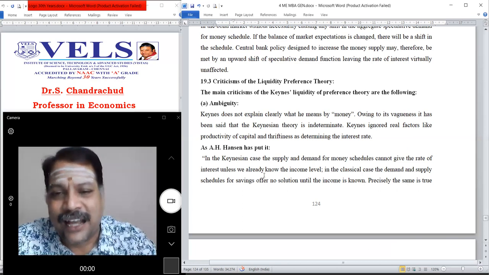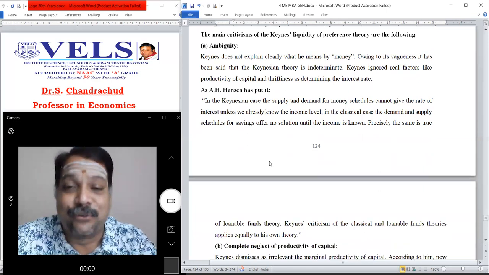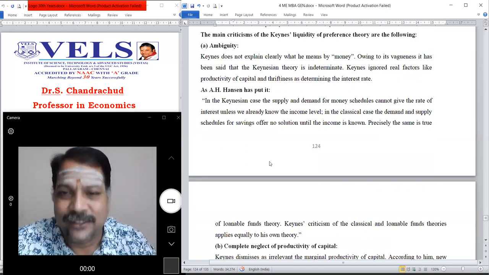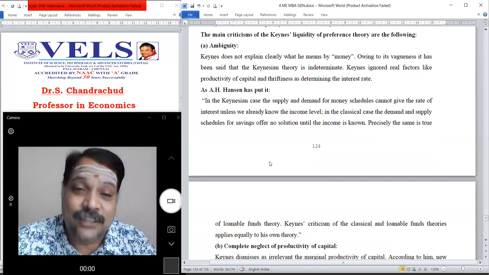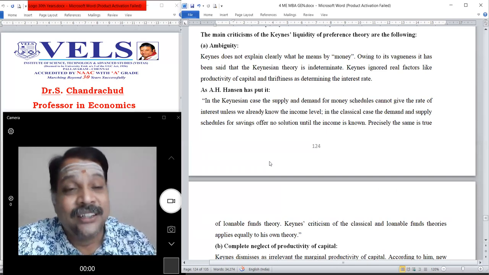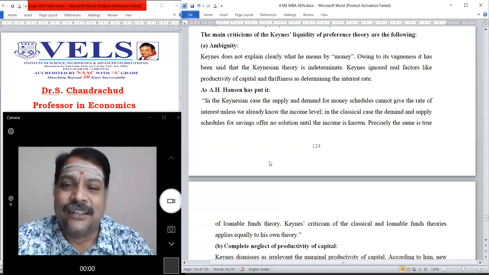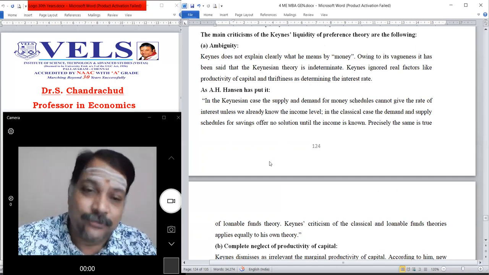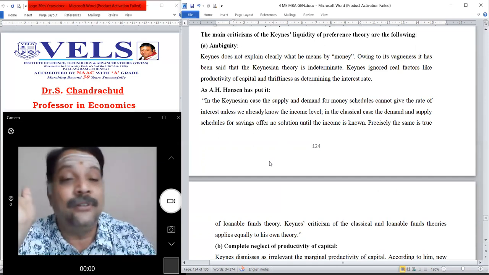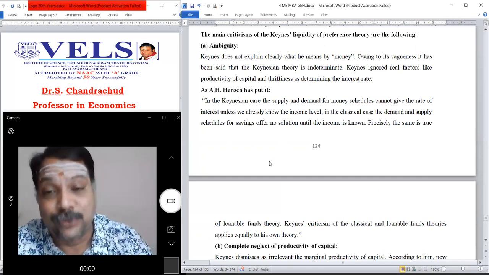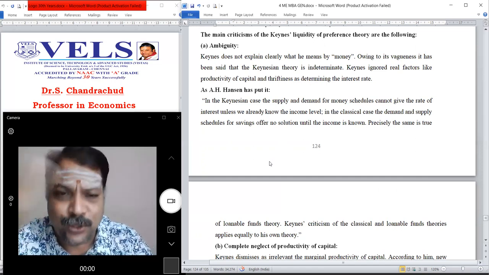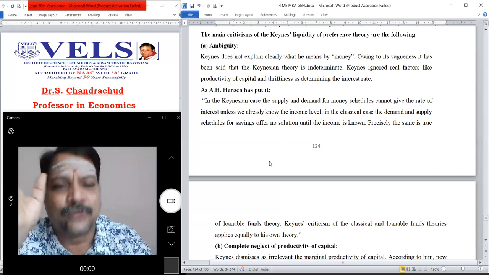In the words of Hansen, he put it this way: in the Keynesian case, the supply and demand for money schedules cannot give the rate of interest unless we already know the income level. In the classical case, the demand and supply schedules for savings offer no solution until the income is known.